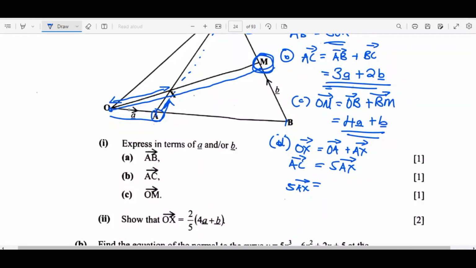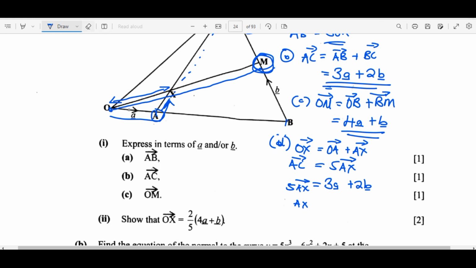So that is what we are using. So we're going to say 3A plus 2B. So in this case, this is what we have. Because we want AX, so we would say AX.